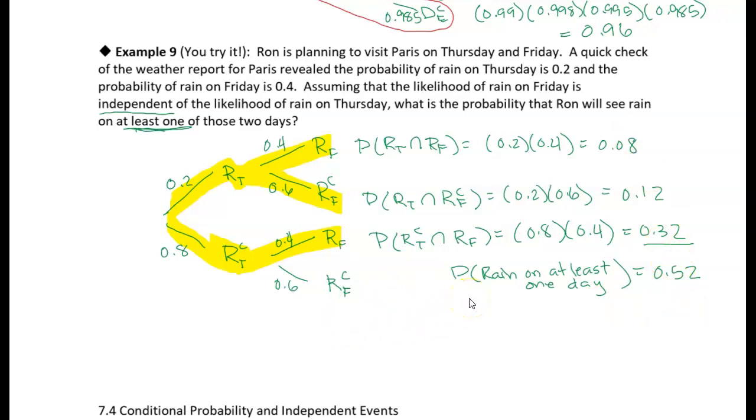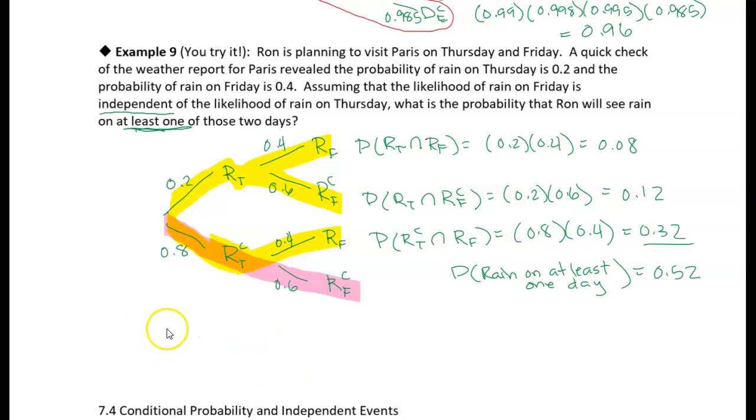Now, there's another way we could get that. And you may have already recognized that, because rain on at least one day is the complement of rain on no days. Okay, and rain on no days would be this branch, right? And it seems like it would be easier just to calculate the probability of that particular outcome where we don't see any rain, and then subtract it from 1, because we know that if we don't see any rain, then we saw rain on at least one day.